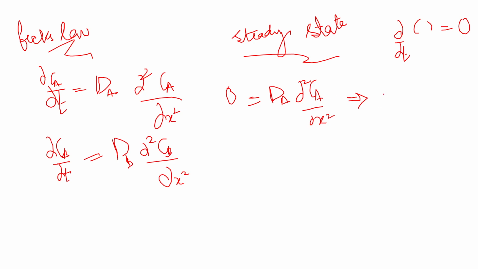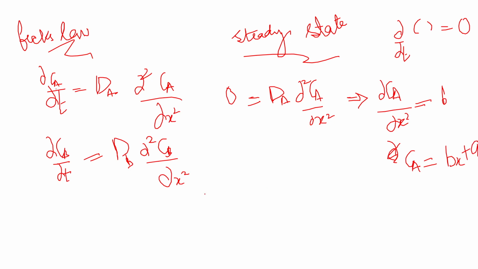So again I'm differentiating once, you get dou C by dou x, and because it's 0 on the other side, it will be 0 plus a constant. Since I'm not differentiating with respect to an integral, it should give me just a variable, so let it be b. Now again integrating with respect to x, I get CA equal to bx plus a.